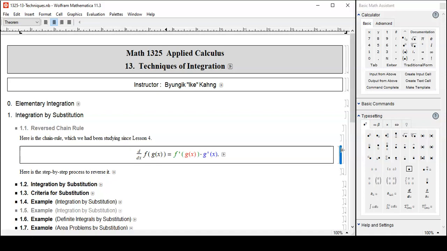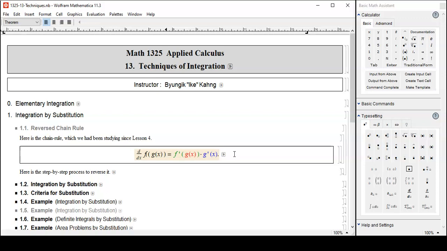But before doing that, let's have a bit of a character change. You see, in integration, we start from small f, which is the integrand, and we go to capital F, antiderivative function.